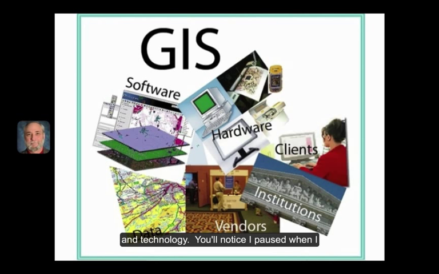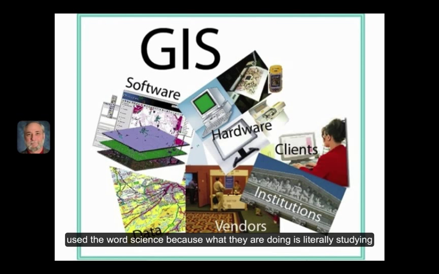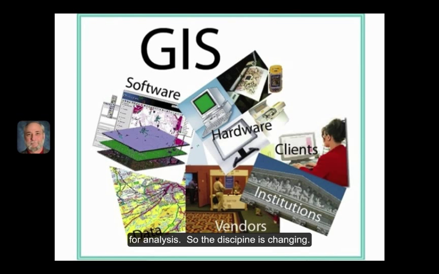You'll notice I paused when I used the word science, because what they're doing is literally studying the various parts of geography that make up the theoretical foundations for the algorithms that are included inside the software package and that are employed for analysis. So the discipline is changing. But this gives you some general idea of how GIS operates as a system.